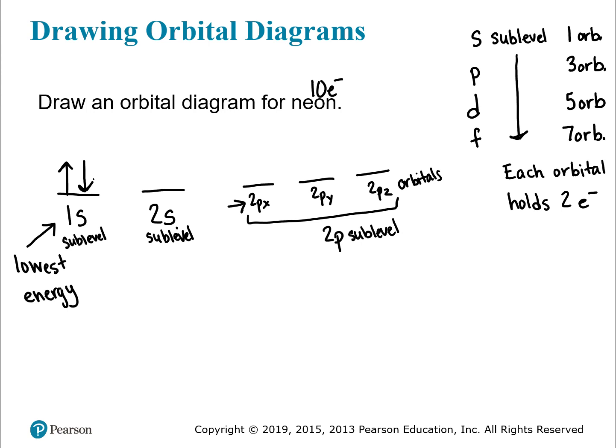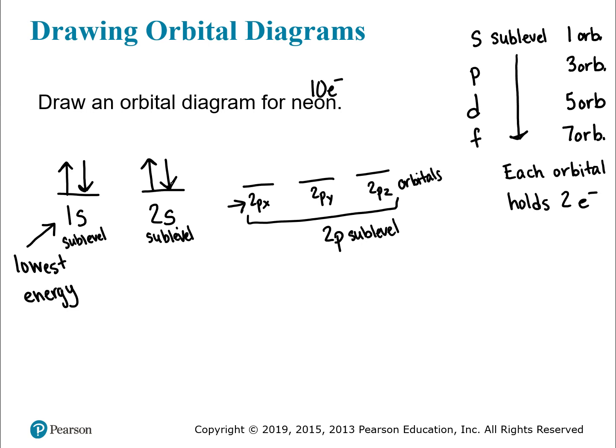So we're going to put 2 electrons in there with opposite spins. Now after that, we still have 8 more electrons to place. So we move on to the next energy level, which is the 2s. And we put another 2 electrons there. Now we've got 4 electrons, and we've still got 6 left to place.